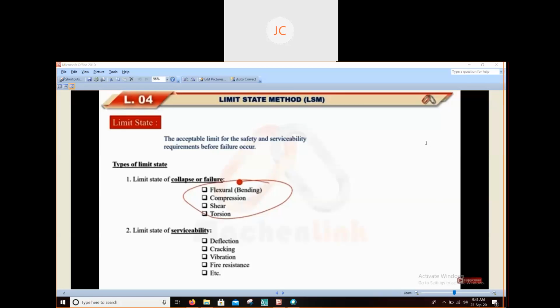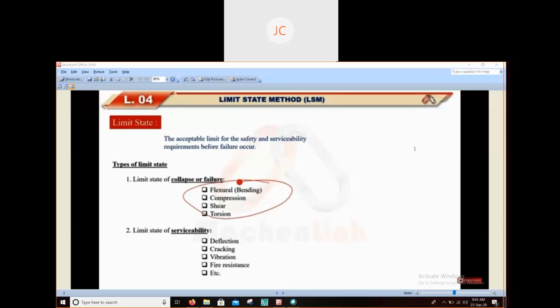Can you give me an example of a member which is mainly carrying compression? Yeah, good, good, Shiroda. Column. The column is the main compression member, because whatever load is coming to the column is compressive in nature.